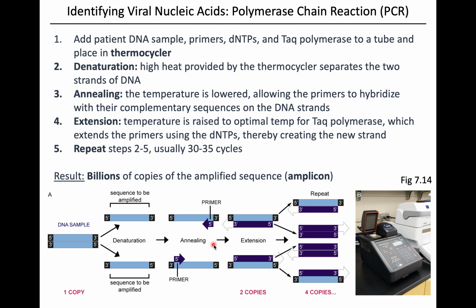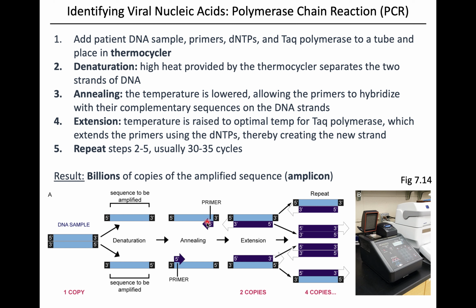So to carry out PCR, you have to know something about the sequence of the viral genome itself, because you have to be able to design these complementary primers that would bind to specific virus sequences. If that virus sequence is present and the primers bind via PCR, you can basically make billions of copies of that viral sequence.